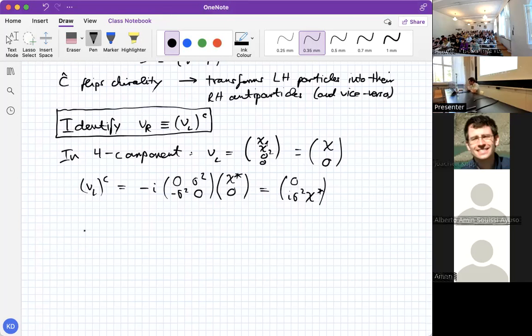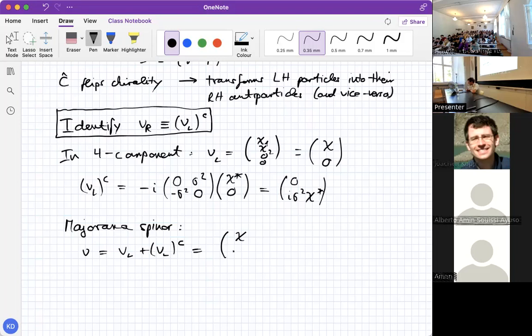And combining the 2, we can define what's called a 4-component Majorana spinor. So that's just nu left plus nu left charge conjugate. In other words, this is the spinor that has chi in the upper 2 components and i sigma 2 chi star in the lower two components. So it is a true 4-component spinor. It has 4 non-zero indices, but only 2 of them are independent.